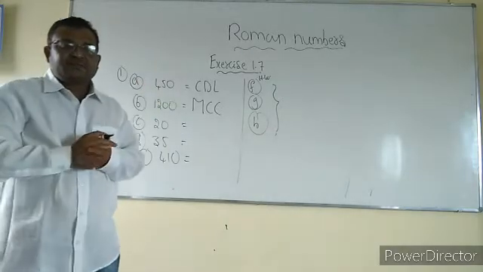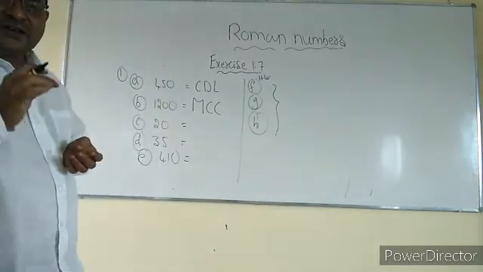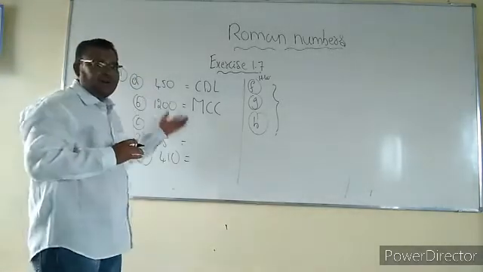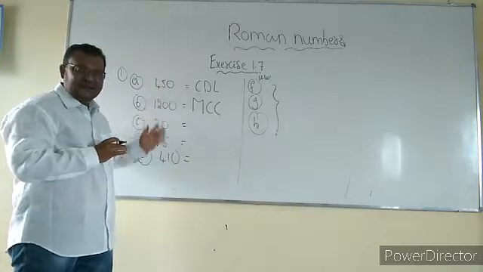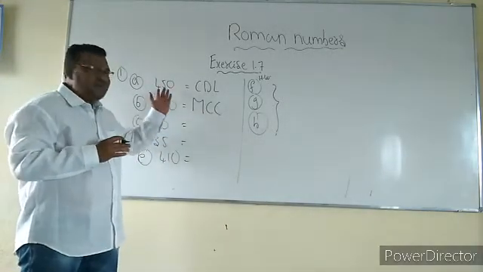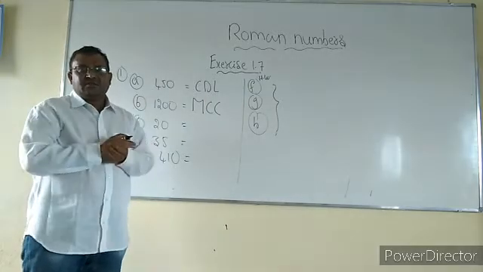Write the Roman numerals for the following. That means numbers are given in Indian system or international system, whatsoever. The numbers are given, we have to write them in the Roman system.